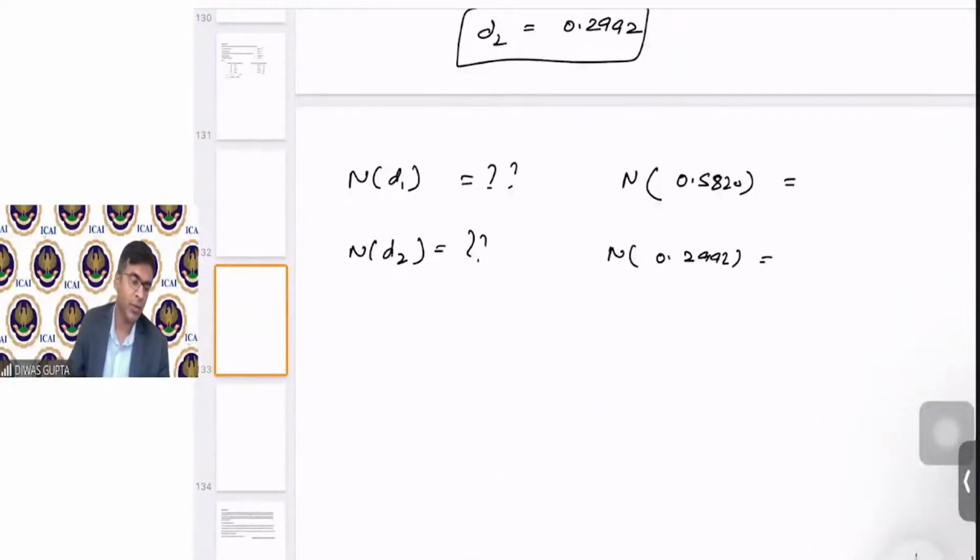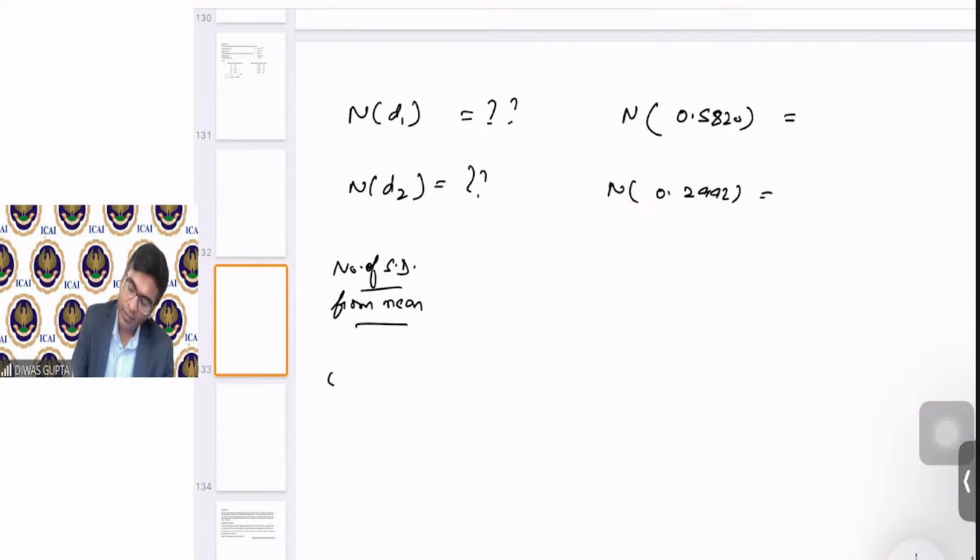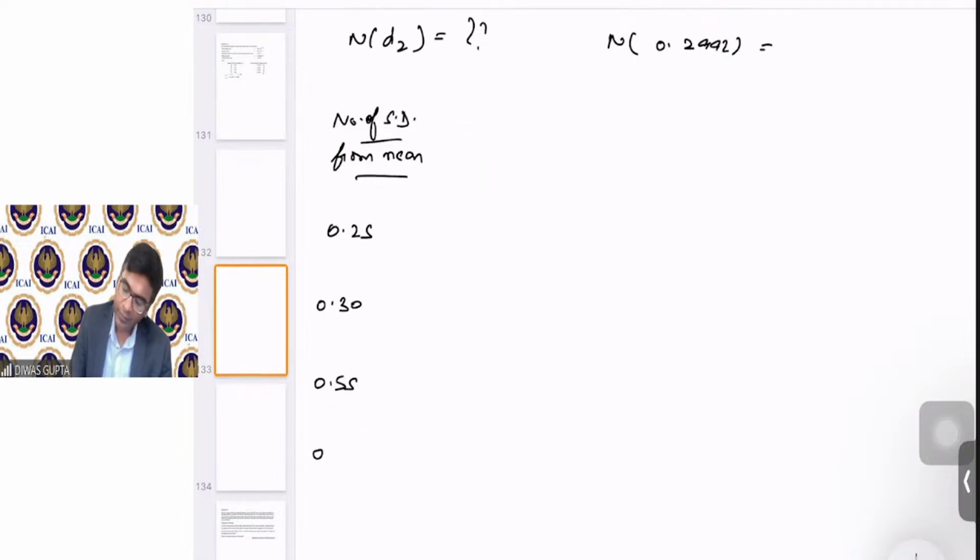So let's come back, students. Number of standard deviation from mean: 0.25, 0.30, 0.55, 0.60. One tail. See, this is the Z score.